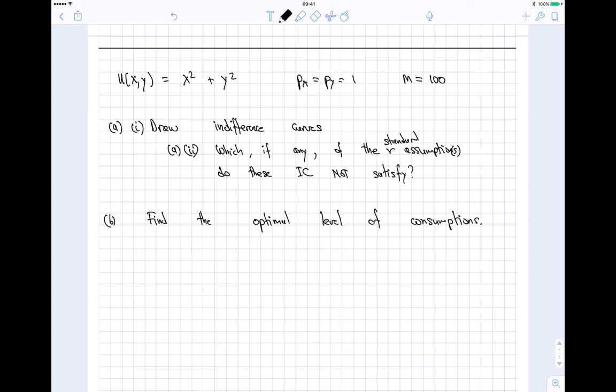I'm kind of stuck. I'll come to you in a second. I just had a blank. So let's start with the drawing. You have something like x squared plus y squared equal to some constant.